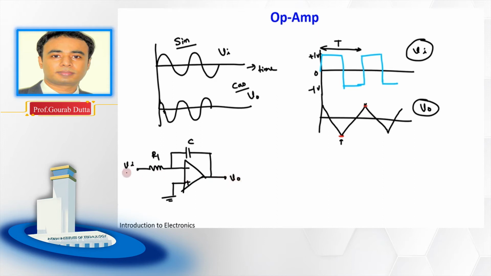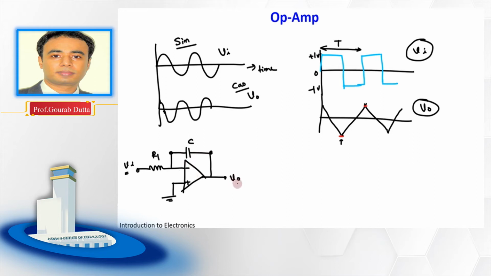Now suppose this Vi is a DC voltage. So for DC, this capacitor will behave as an open circuit. If this capacitor behaves as an open circuit, then you can consider the op amp is now operated in the open loop.